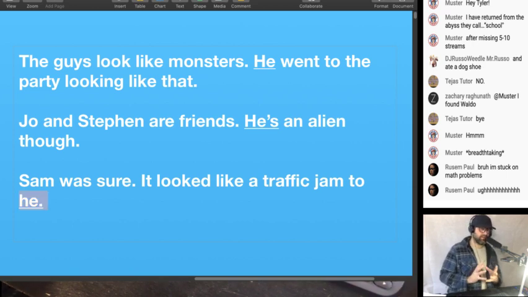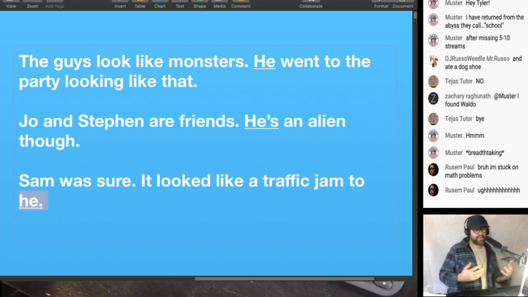A quick way that you can figure out if a pronoun needs to be the subject or the object of a sentence, put the word I or put the word me in there and just kind of feel out which one is more correct. Now, that's not a perfect way to do it. The perfect way to do it is to look at the sentence structure and to find your object there, your indirect object there. But if you were in a rush, sample in the word me, sample in the word I, and check it out. So Sam was sure it looked like a traffic jam to me.